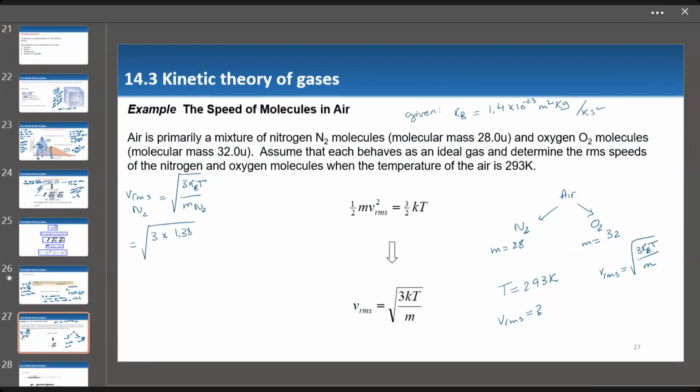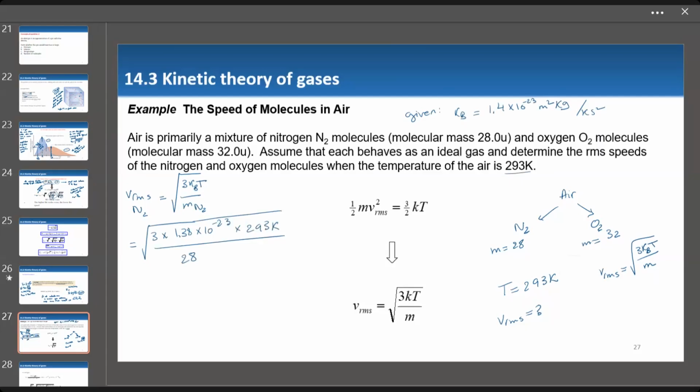T is the temperature, which is 293 Kelvin, already in SI, which is good. I don't have to convert. Over the mass of the nitrogen molecule, which is 28 u.